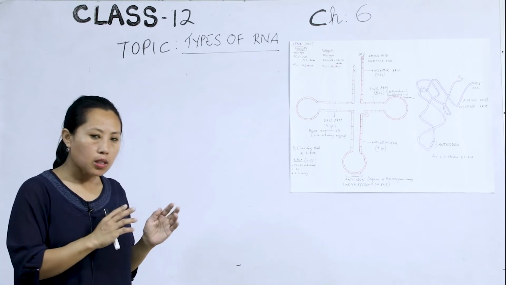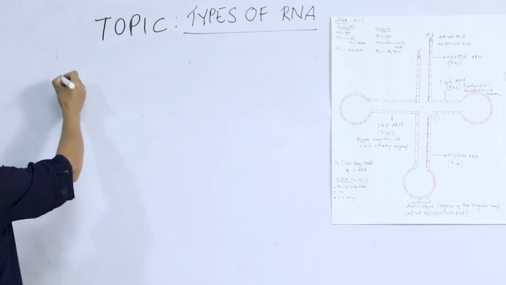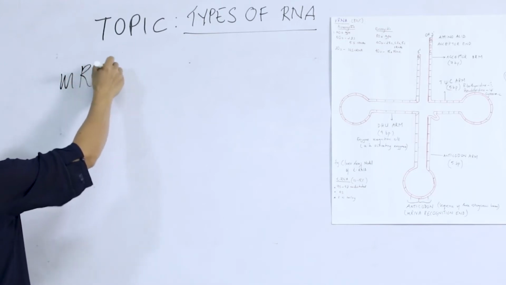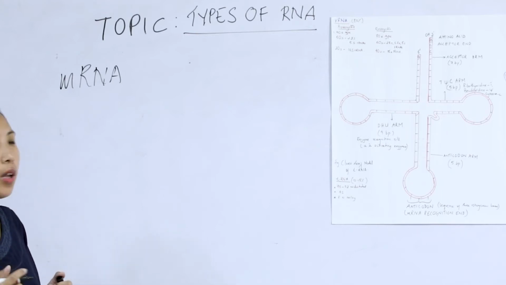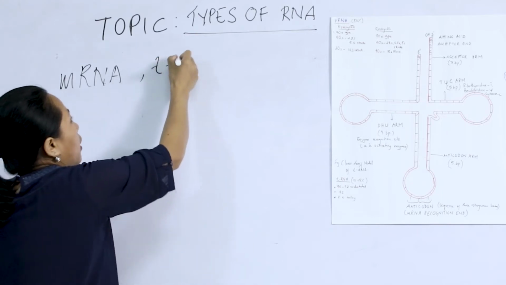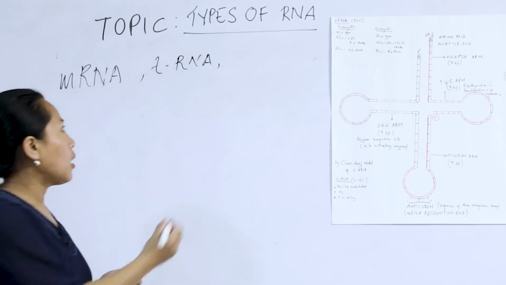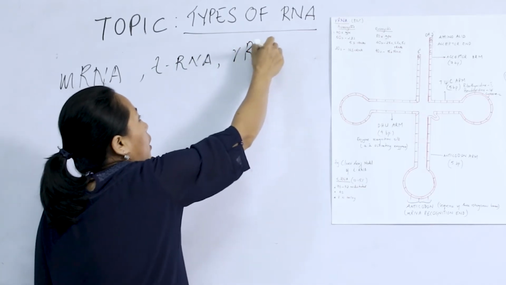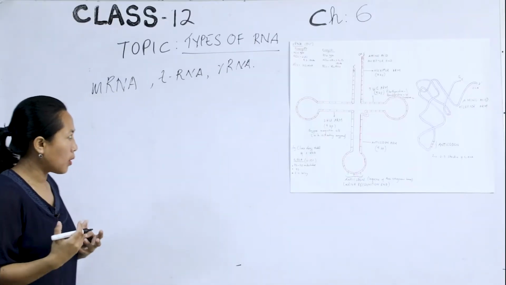In the last class, when we talked about transcription, we talked about mRNA. Besides mRNA, the other types of RNA are transfer RNA, tRNA, and ribosomal RNA. If you have your textbook, you can open it and follow me.